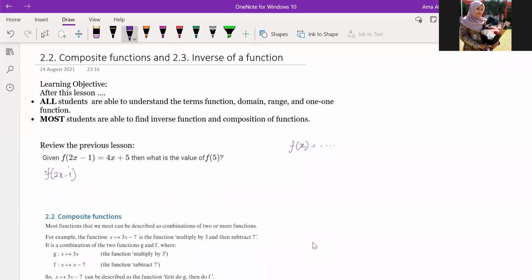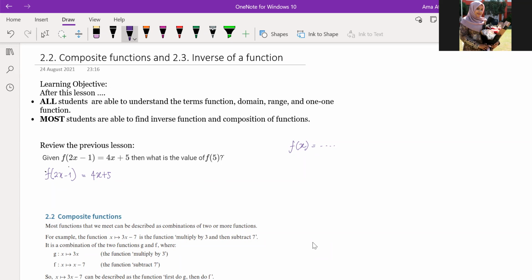So it is not f of x. But here the f is in terms of 2x minus 1, and it is equals to 4x plus 5. So the question asks, what is the value of f of 5?